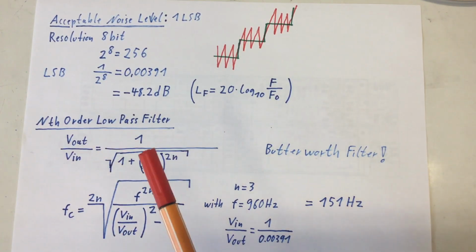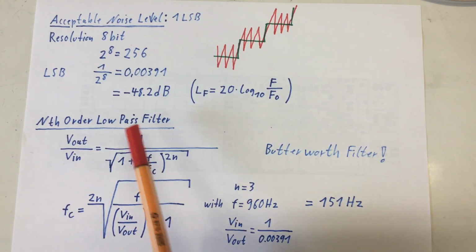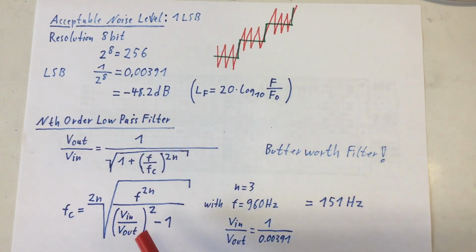This formula can be rearranged into this form, and this gives you the required cutoff frequency for nth order low-pass filter to achieve a certain ratio between input and output voltage at a given frequency. That's exactly what we need.